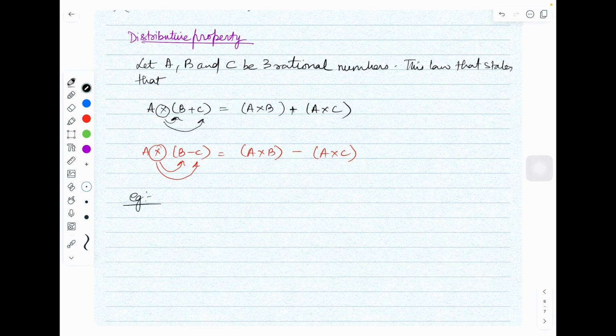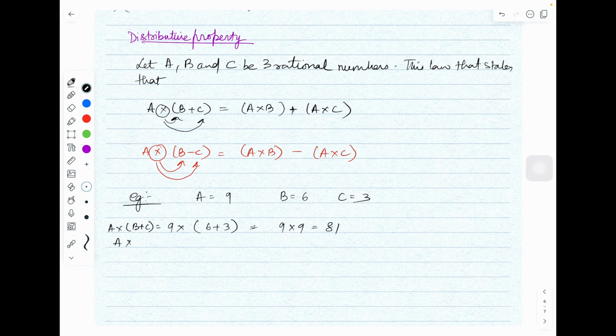What is the example? A equals 9, B equals 6, C equals 3. So 9 into (6 plus 3) gives how much? A into (B plus C) equals 9 into (6 plus 3), which is 9 into 9 equals 81.